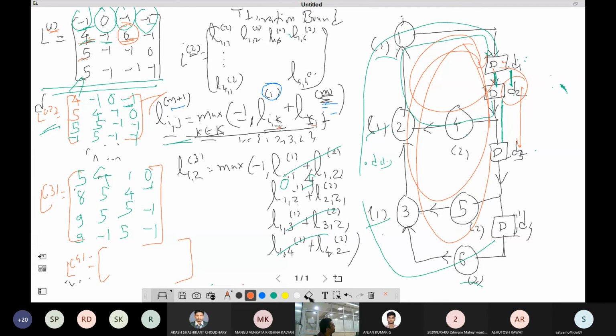And if you are not able to get it, let me know, I will solve it for you. After these are finished, you can consider this just a prerequisite that we actually require to find out the iteration bound. The iteration bound we will calculate after this.